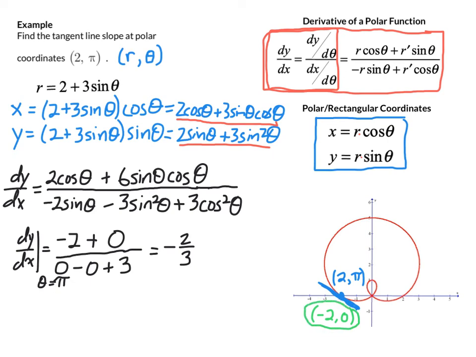We usually go back to the rectangular coordinates. So let's just say I wanted that tangent line equation. Do a little point slope form on that. y minus 0 equals negative 2/3 times x plus 2. So my equation there is y equals negative 2/3 x minus 4/3.